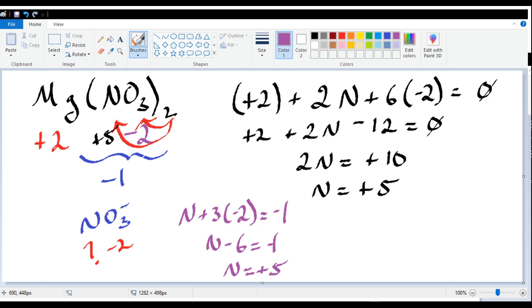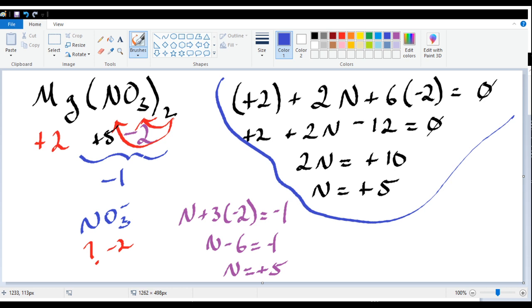Trying to point out that you can break this up into smaller problems. You don't have to look at the entire molecule as a whole. You can do that if you want, as we did up here. We looked at the magnesium and both nitrogens and all 6 oxygens for our total neutral compound.